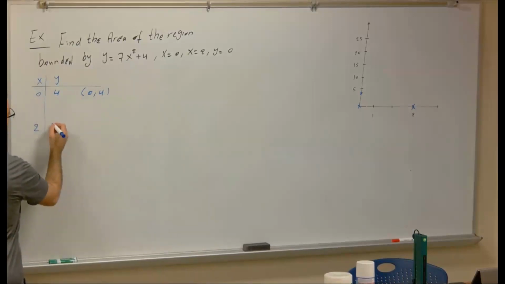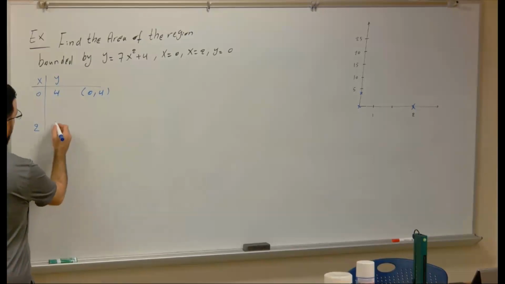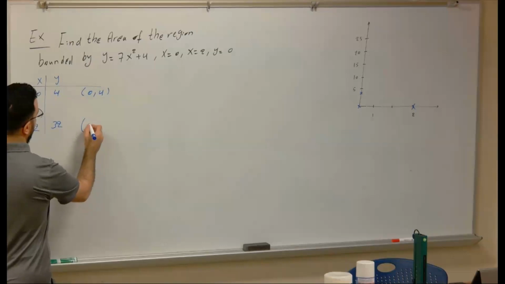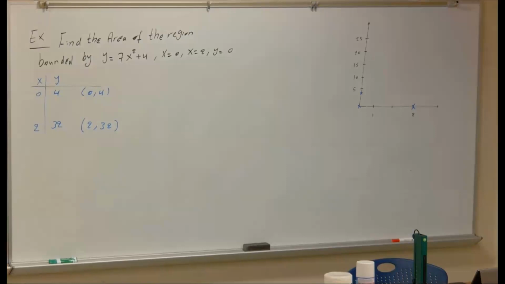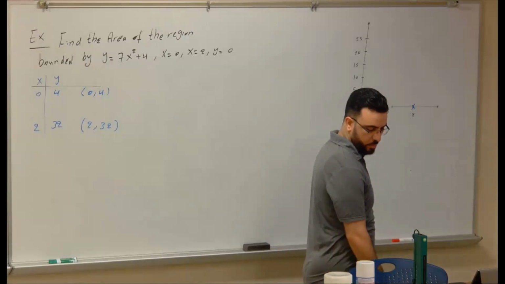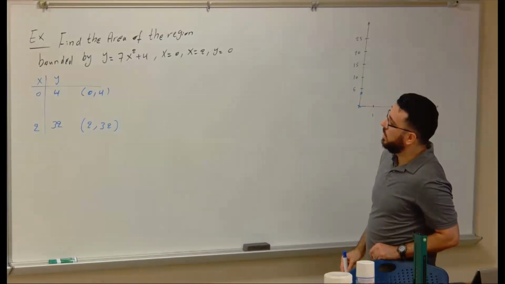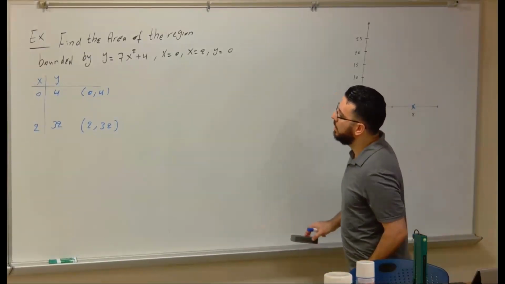Second one, plug in the 2 here. So it's going to be 7 times 4, 28. 28 plus 4 is 32. That means it's going to be 2, 32. 7 times 4, 28, 32.